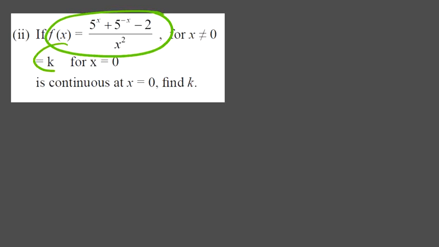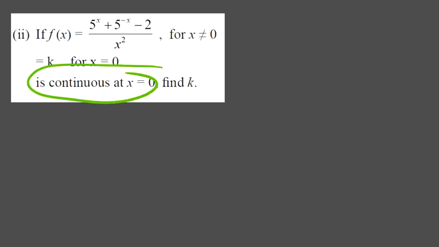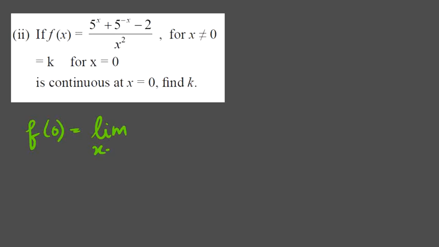f of x is given, it is equal to k for x equal to 0, and they have said that the function is continuous at x equal to 0. So to find k we can say that f of 0 should be equal to limit of x tends to 0 f of x. f of 0 is already k.